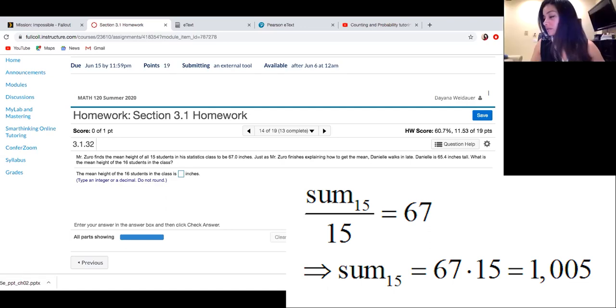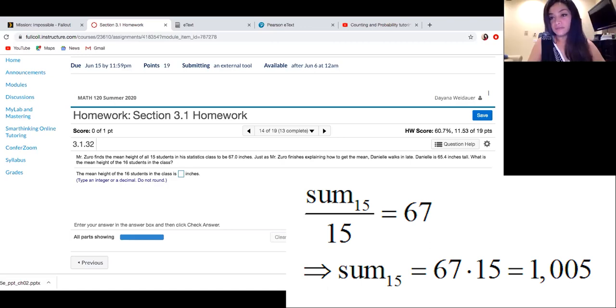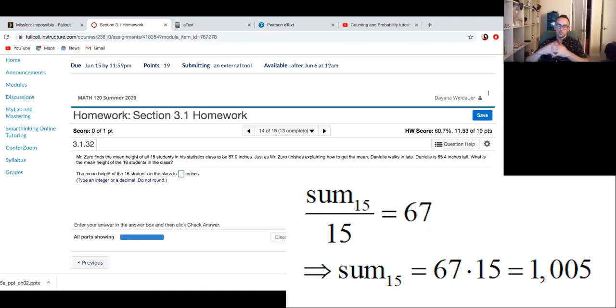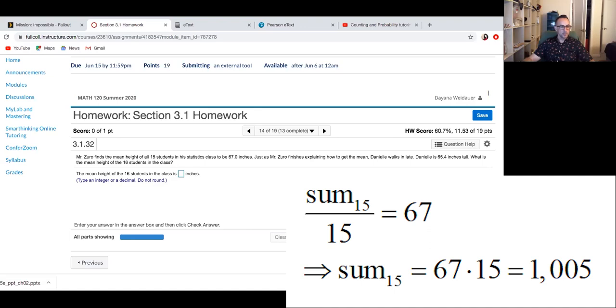What's 15 times 67? 1005. You could write it down: sum divided by 15 equals 67, like we did on the last question with the median question.